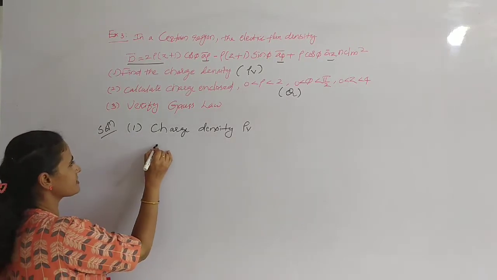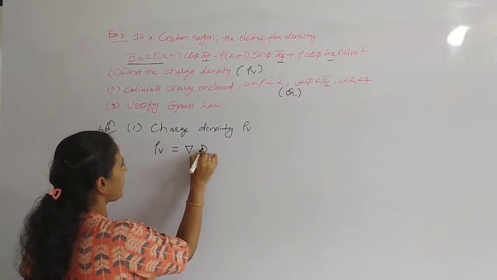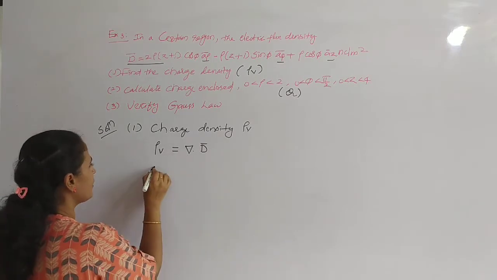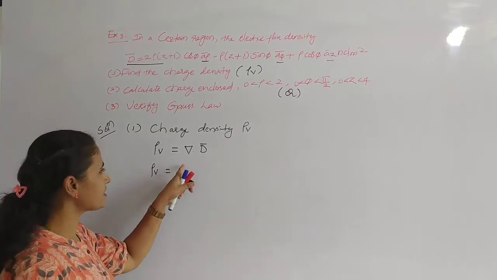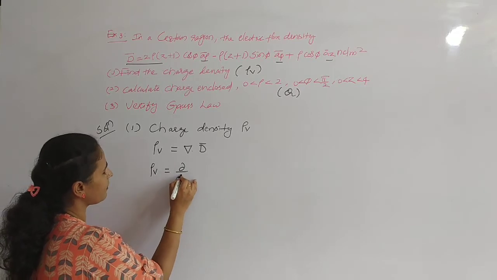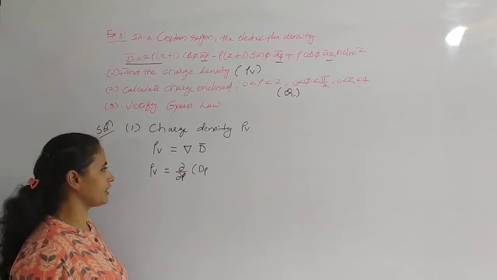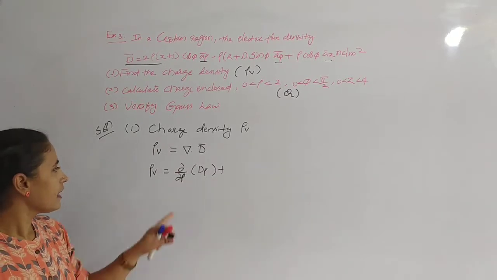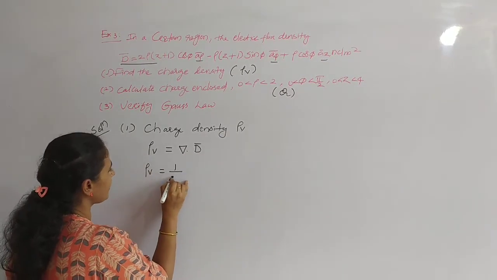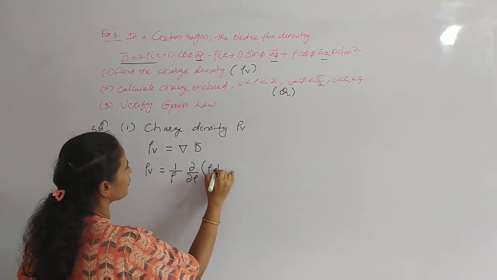What the divergence theorem says is that volume charge density is equal to divergence of D bar. It is in the point form. Rho v is given by the divergence of D bar, which in the cylindrical coordinate system can be written as 1 by rho into dou by dou rho of rho into D rho.